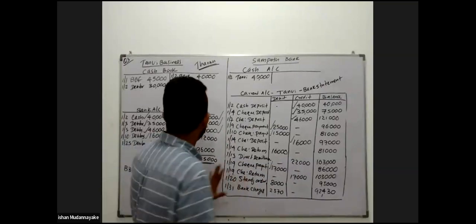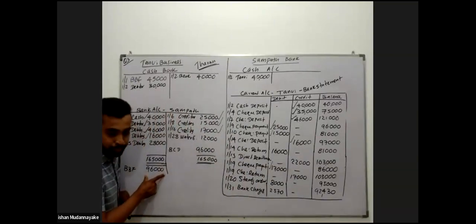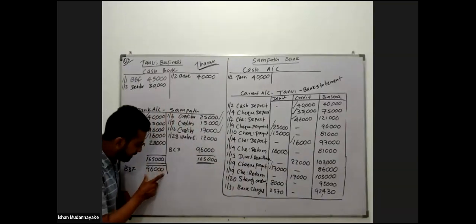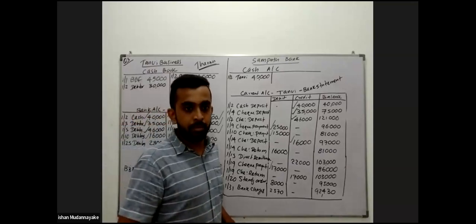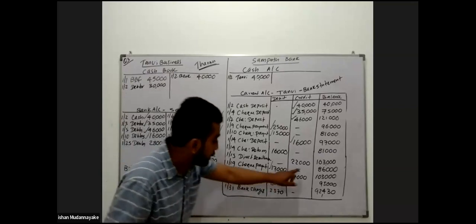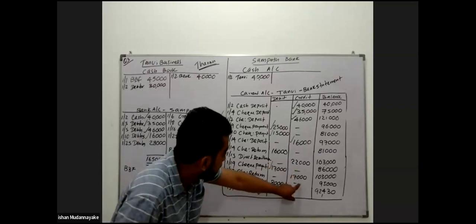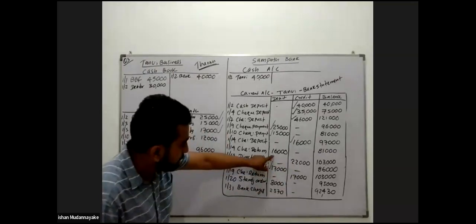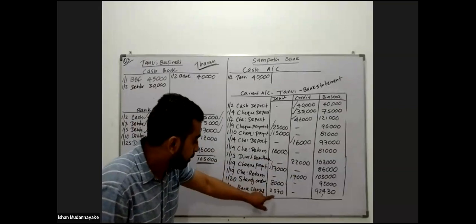Then this 96,000 is an incorrect bank balance. Tarun has not recorded this 22,000 in his bank account. Tarun has also not recorded the check return, the standing order payment, and the bank charges.